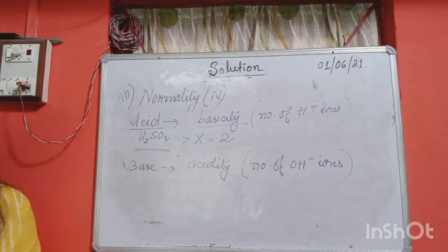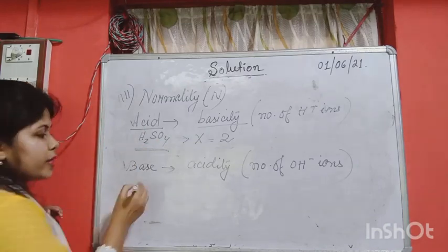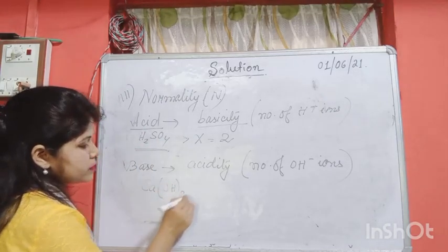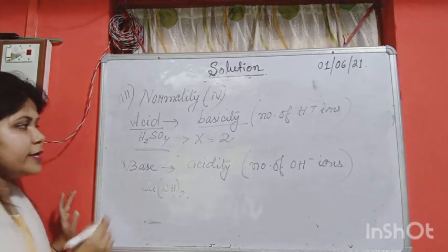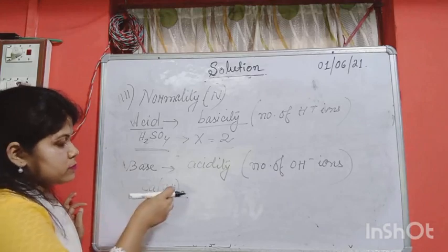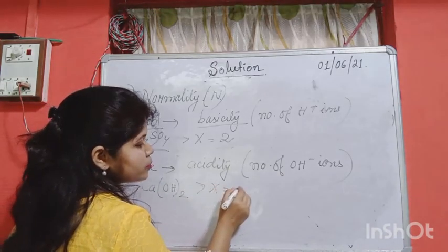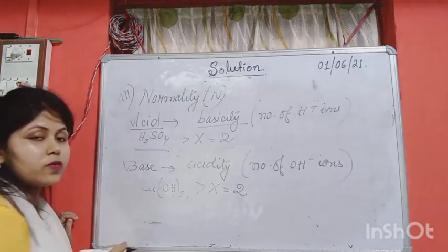Suppose I am taking an example as Ca(OH)2, calcium hydroxide. How many OH minus ions are there for calcium hydroxide? It will be 2 only, because of the 2 in Ca(OH)2.